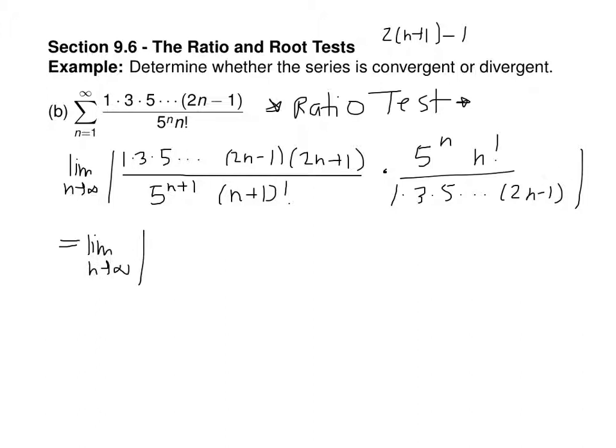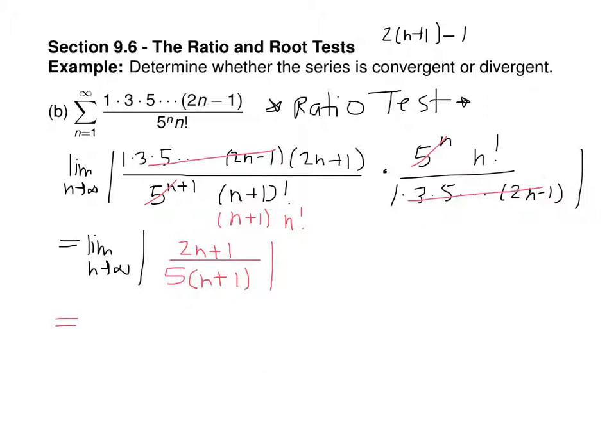Alright, so a whole bunch of stuff will cancel. The terms up to the 2n minus 1 will cancel. The 5 to the n will cancel. And recall that n plus 1 factorial is n plus 1 multiplied by n factorial, so the n factorials also cancel. So we will have 2n plus 1 over 5 times n plus 1.